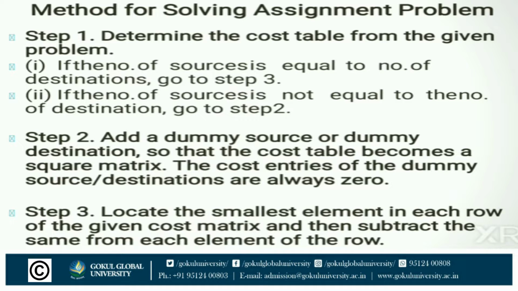Step 2 says that if the given problem is not a square matrix, then we make it a square matrix by adding a row or a column. The cost entries of the dummy source or dummy destination are always 0. So we can use this method for a square matrix.